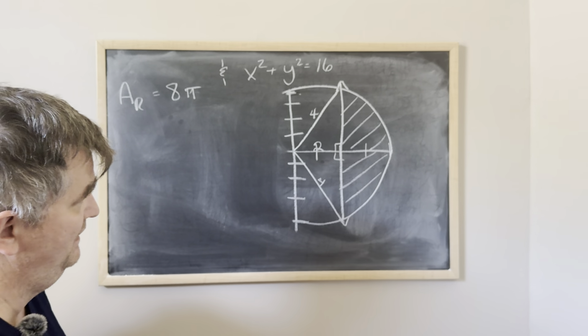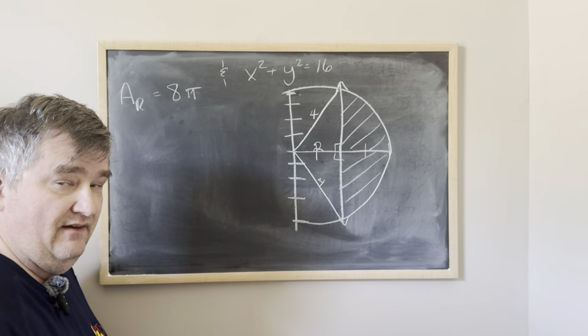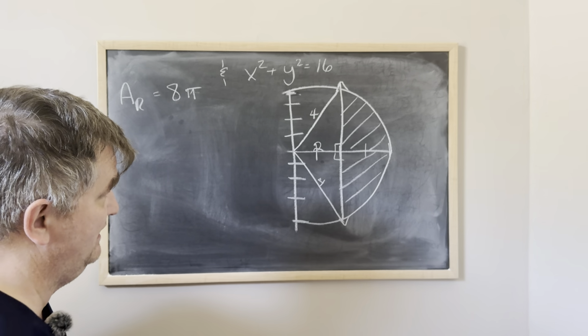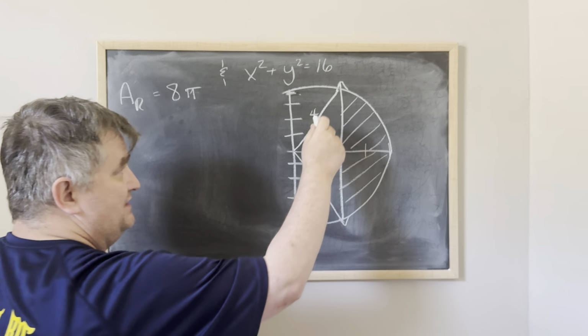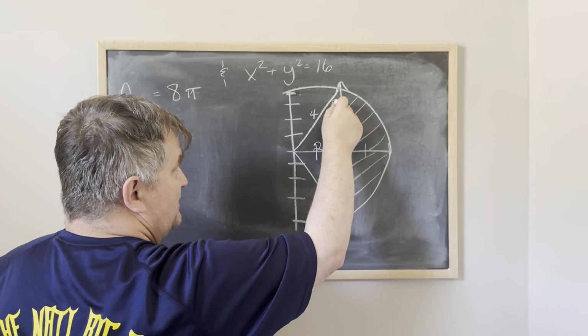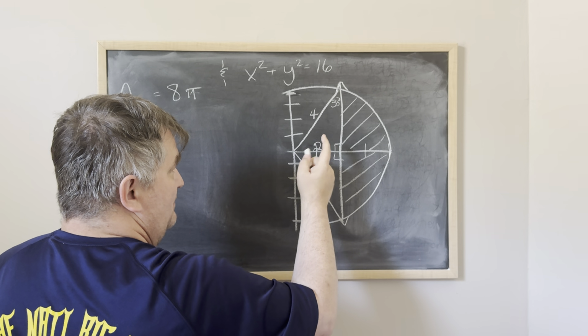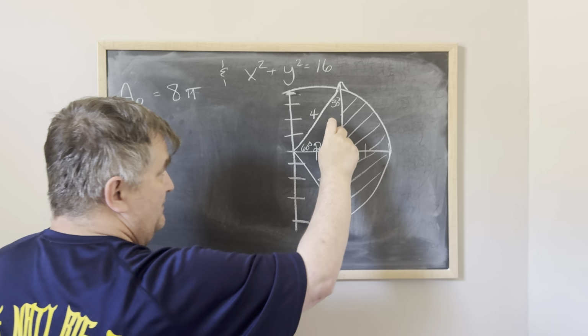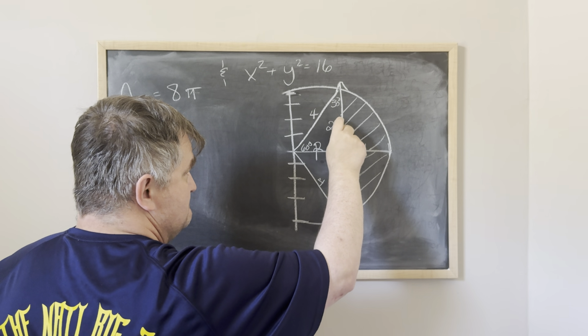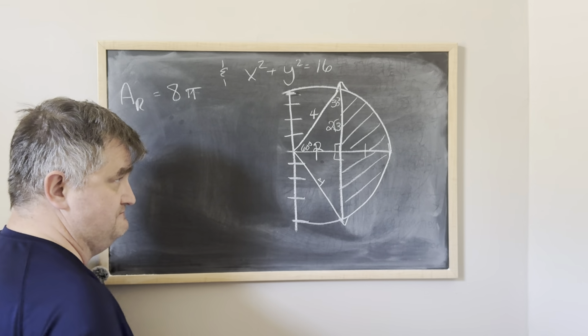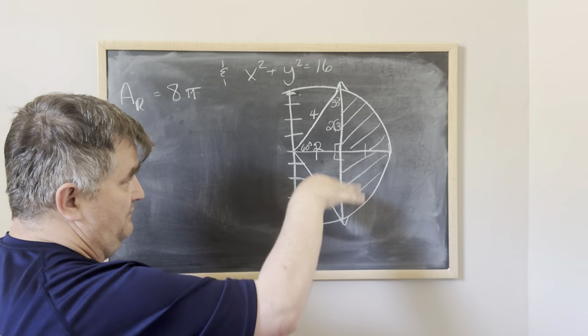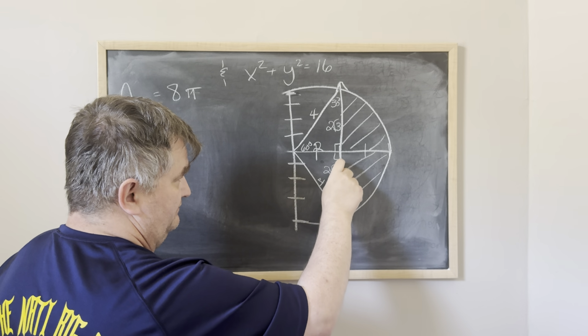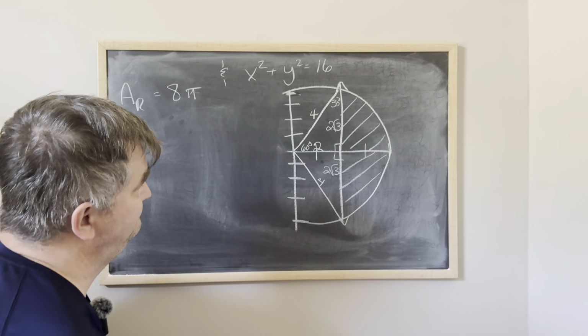And so what we realize is we have a couple of special triangles, 30-60-90 triangles. We know this is 30, and we know this is 60. And we know this is 2√3. And then rinse and repeat down there.